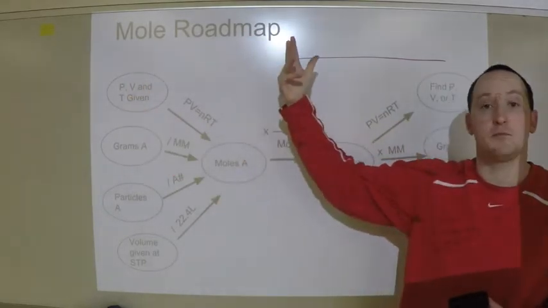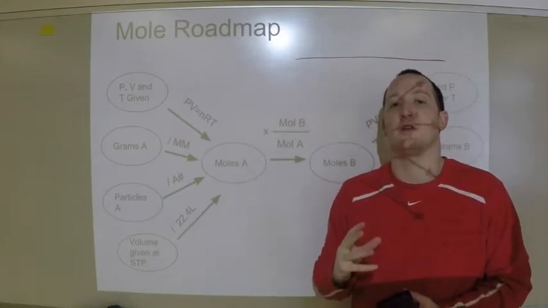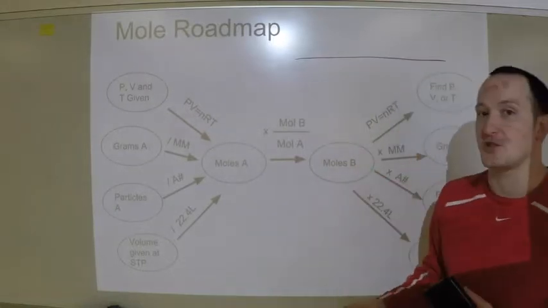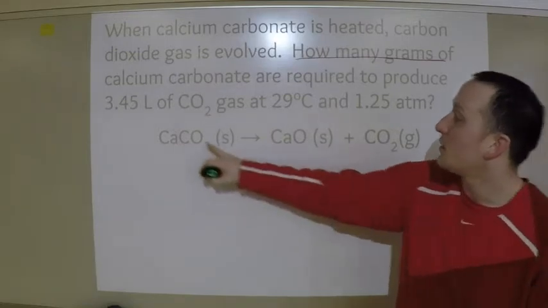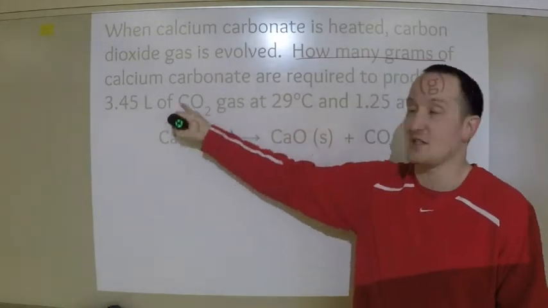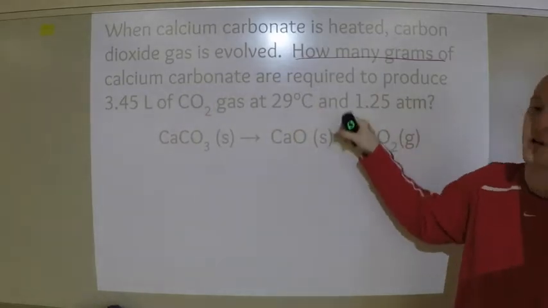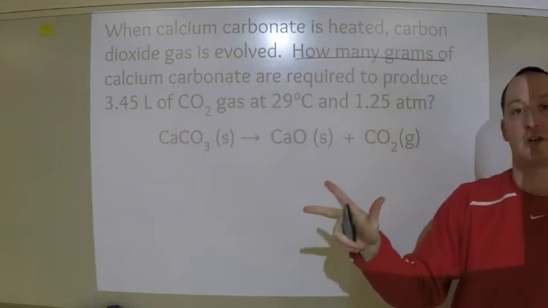In the previous problem, we were not given pressure, volume, and temperature. We were only given pressure and temperature, no volume. But in this question, we are given volume of CO2, we're given the temperature of that CO2, and we're given the pressure of that CO2, which means pressure, volume, and temperature are given.